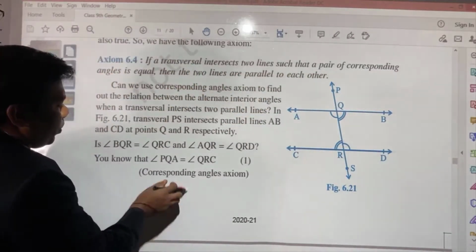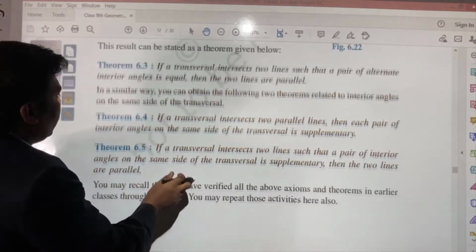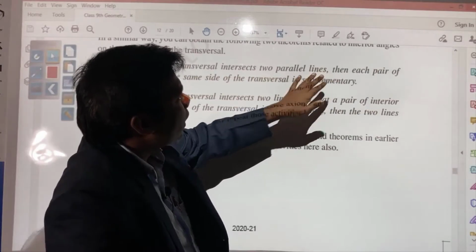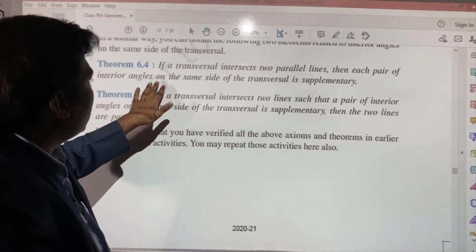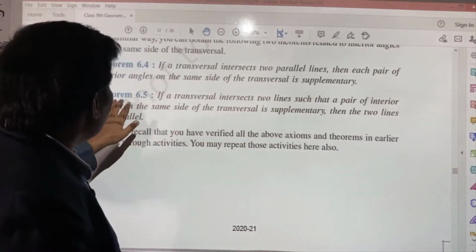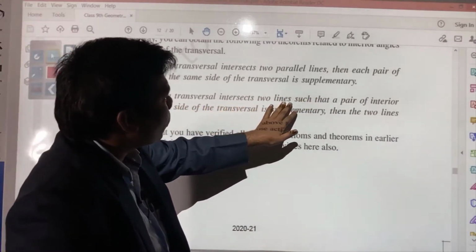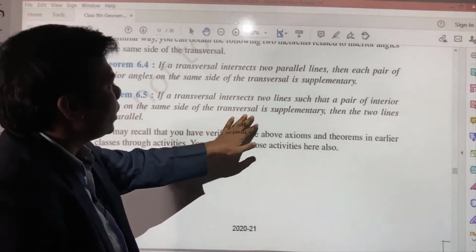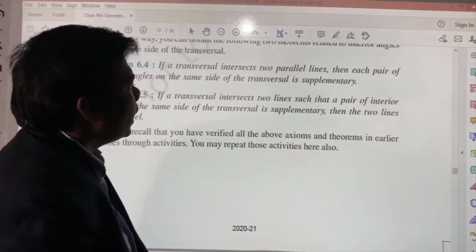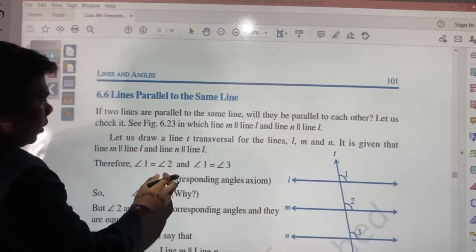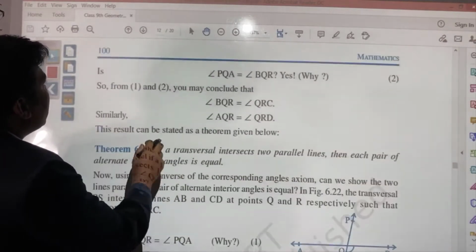That is axiom 6.4. And then we had the theorem: if a transversal intersects two parallel lines, then each pair of interior angles on the same side of the transversal is supplementary. If a transversal intersects two lines such that a pair of interior angles on the same side of the transversal is supplementary, then the two lines are parallel. This was 6.5.